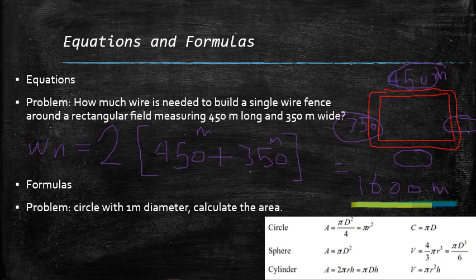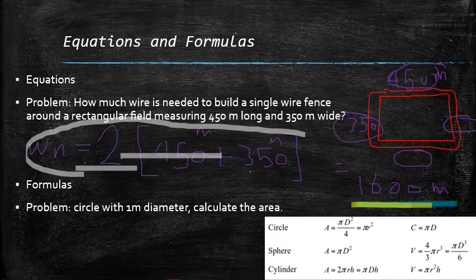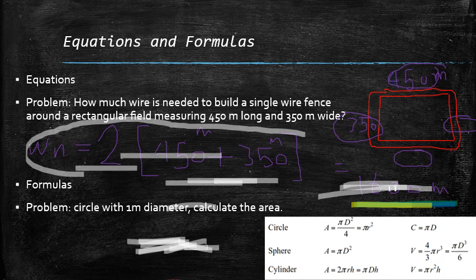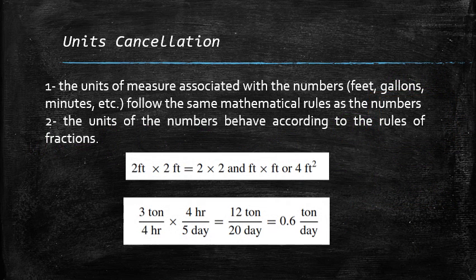So this we can call an equation. Unit cancellation: we have two rules here. The first rule is that the units associated with numbers follow the same mathematical rules as numbers.